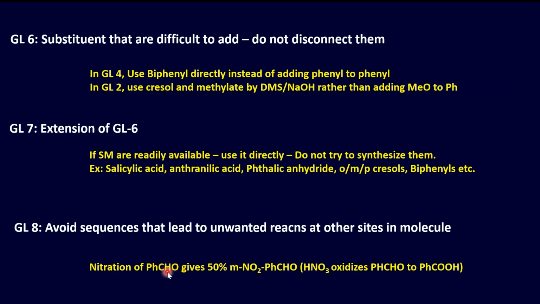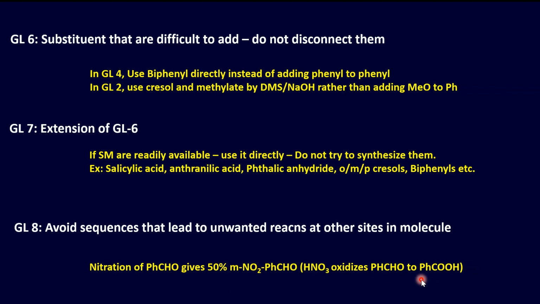As it is electron withdrawing, it pulls the electrons from the phenyl ring, making it electron deficient, and it will be meta directing. I will get meta-nitrobenzaldehyde only in 50% yield. What is the other 50%? It is benzoic acid. Why is it so?